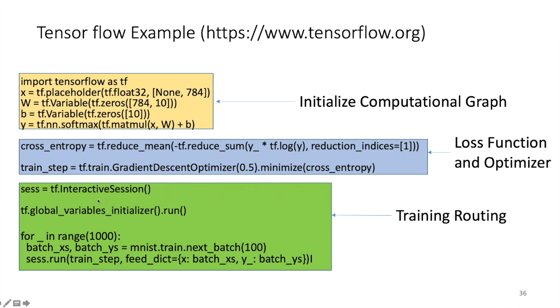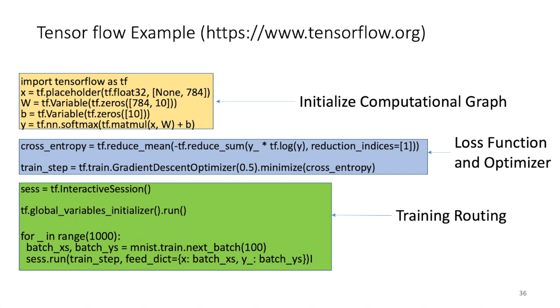And then when you want to run it, either using an interactive session or session.run, you start traversing through your images, and the images come from the MNIST dataset. And then at every run, you feed the input image, and you optimize it here. So you see, it's pretty easy to train a deep neural network nowadays with TensorFlow.